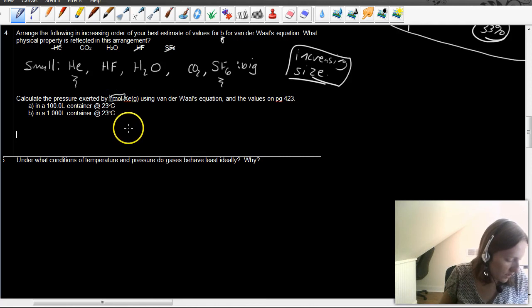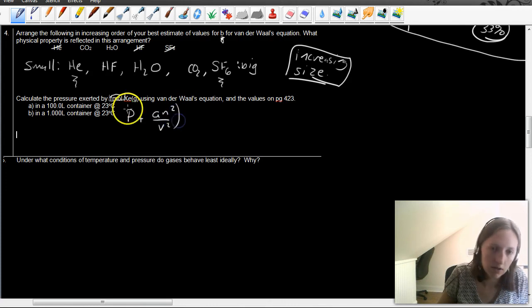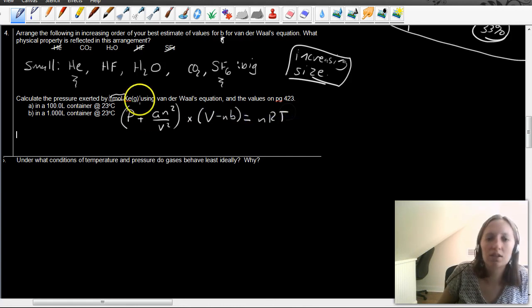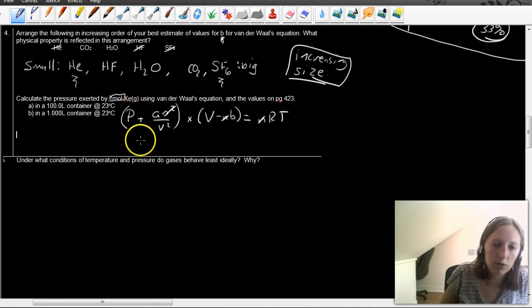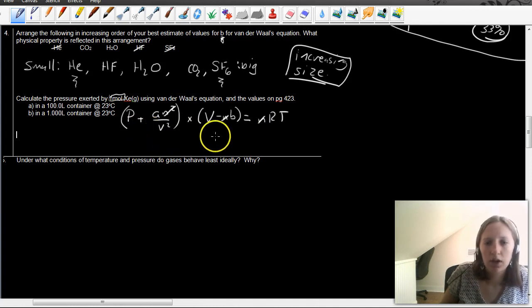So what you end up doing is you've got P plus an squared over V squared, V minus nB equals nRT. Since the n's are all 1, you need to rearrange it so that P is by itself.